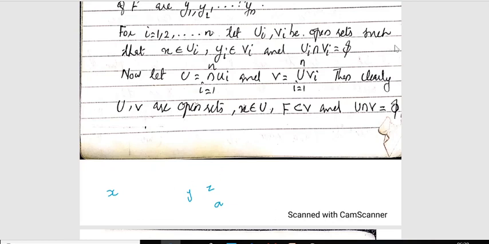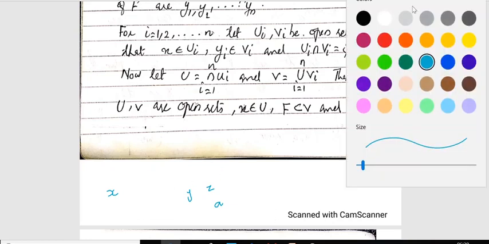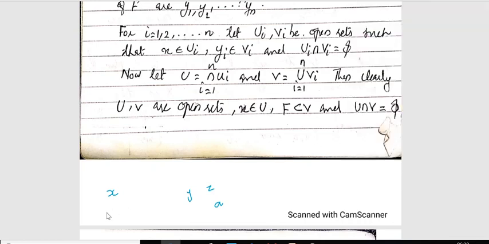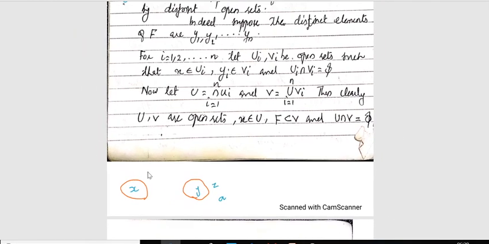Since your space is a Hausdorff space, first you take x and y. So you have an open set containing x and an open set containing y. I will name these U1 and V1.